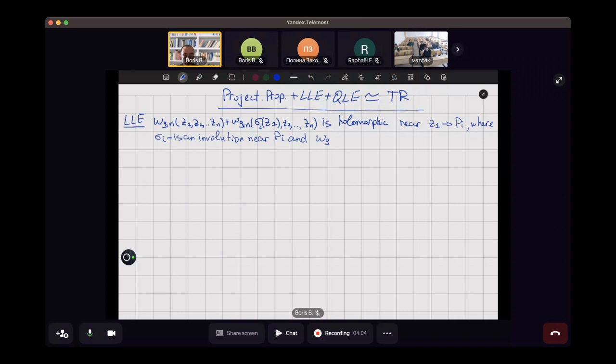And for all these linear and quadratic loop equations, the condition should be satisfied at each zero of dx.